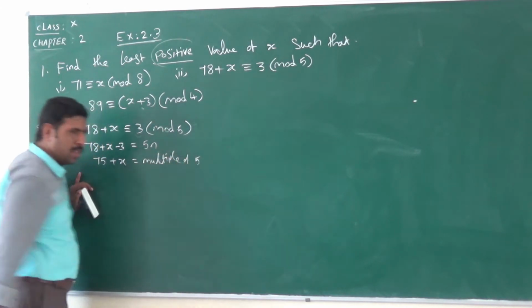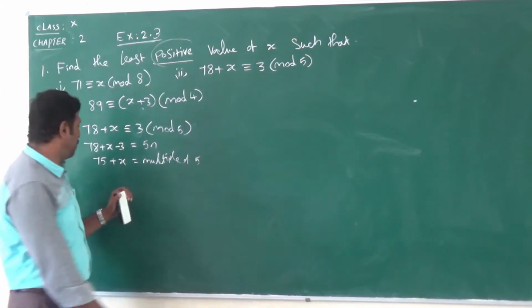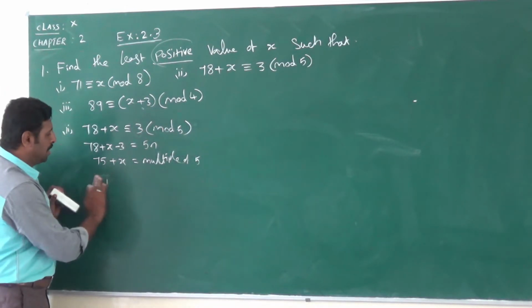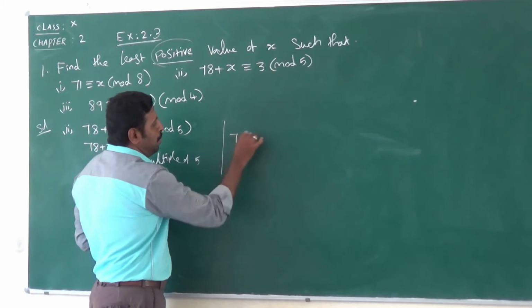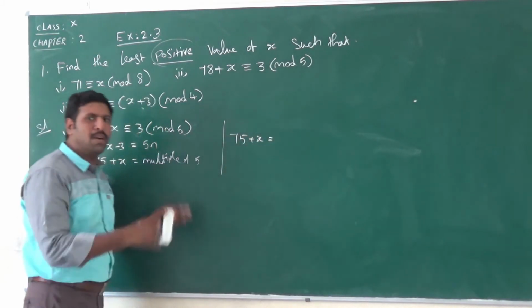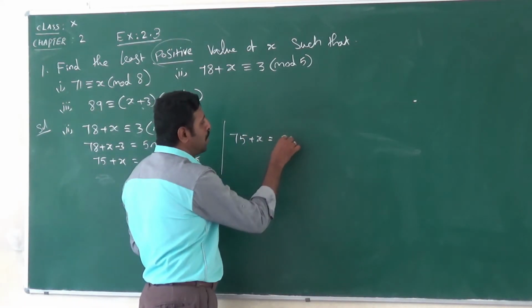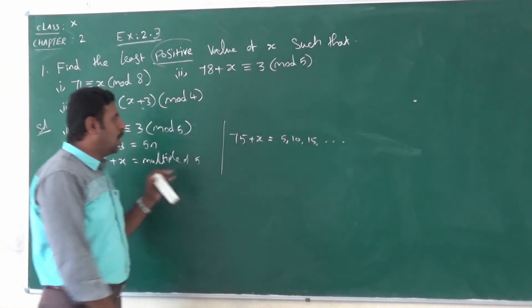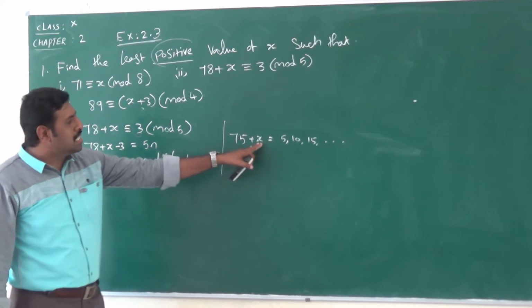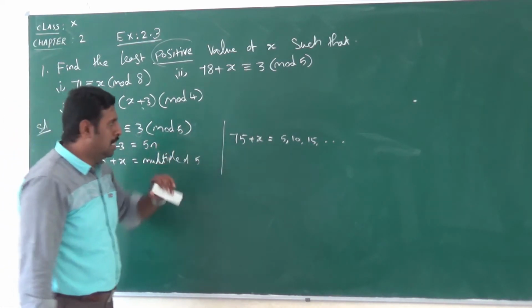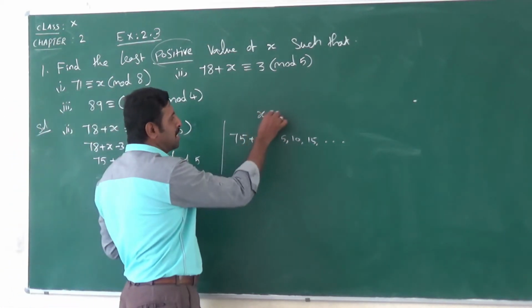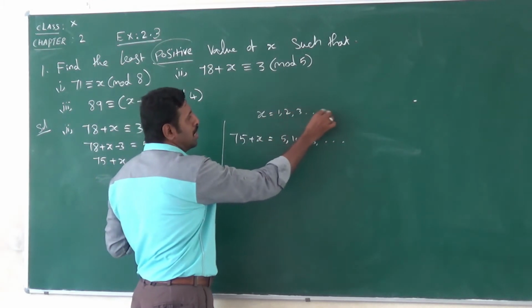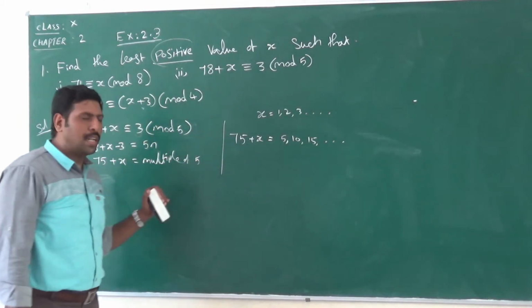Multiple of 5 means 75 plus x is equal to 5, 10, 15, and it goes on. Now we want to find the least positive value of x, taking 1, 2, 3, and so on.